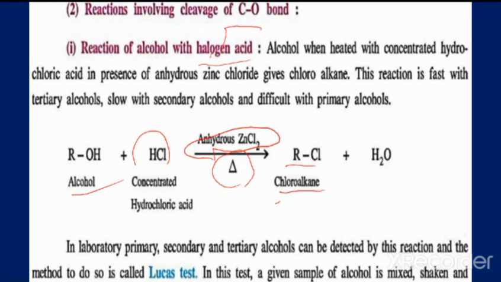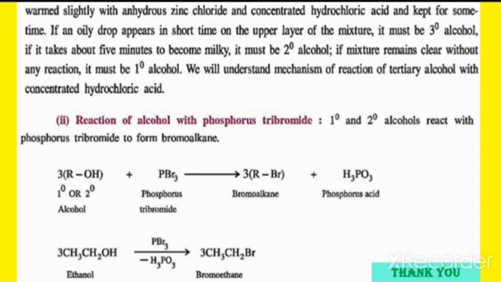This Lucas reagent helps to distinguish primary, secondary and tertiary alcohols. Tertiary alcohols give oil drops appearing in a short time, secondary alcohols give milkiness within 5 minutes, and primary alcohols form a clear solution. This way we can distinguish primary, secondary and tertiary alcohols.